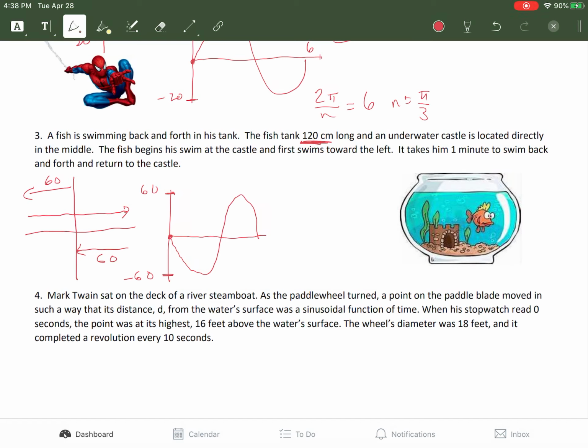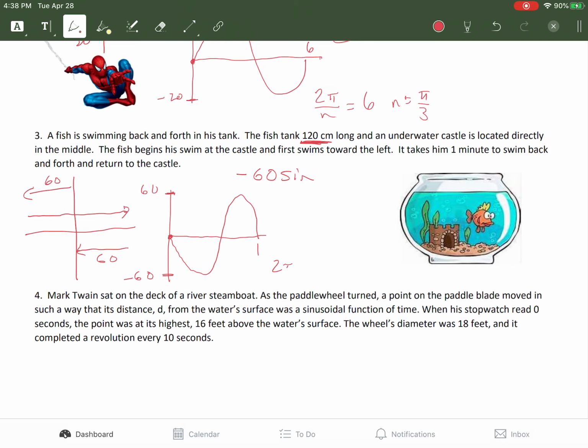All right, and then his period is how long it takes him to swim the whole thing, which is 1 minute. Okay, so it's a sine function. The amplitude is 60, and it's negative because we're going to the left first. Then we have to figure out what the multiplier on the x is going to be.